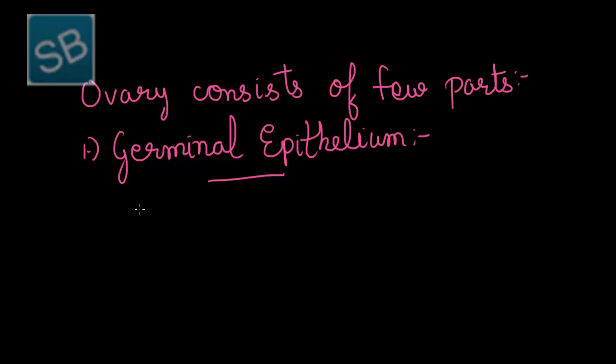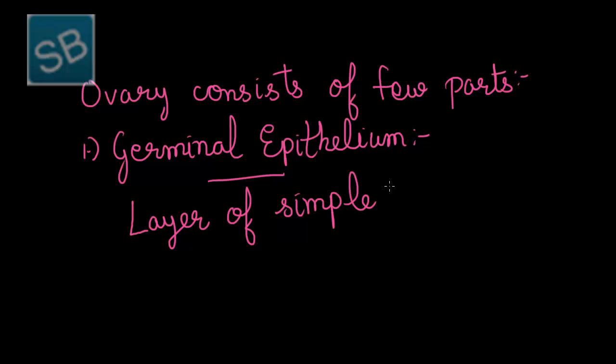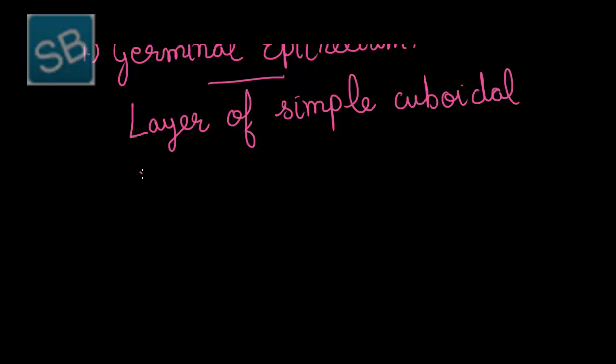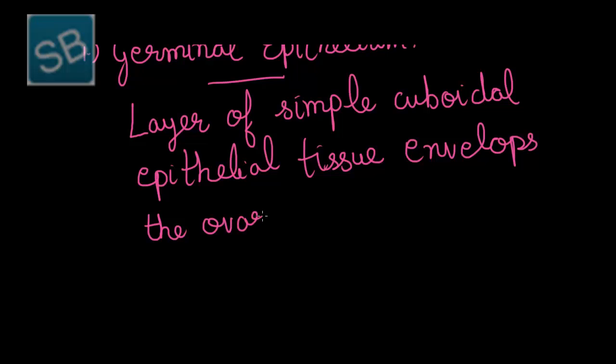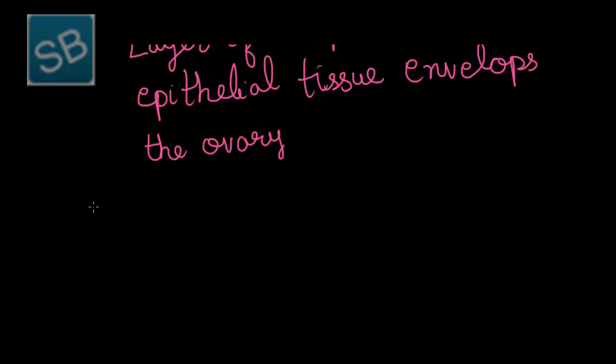That is, a layer of simple cuboidal epithelial tissue envelops the ovary. Within this germinal epithelium occurs another region, that is the tunica albuginea.